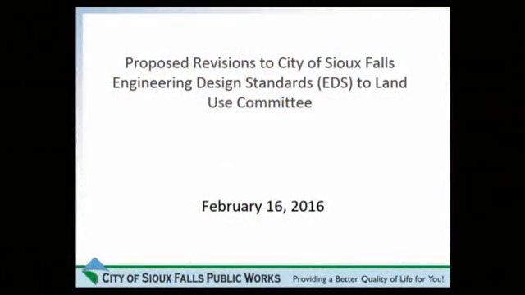These changes include revisions to sanitary sewer, water distribution, and stormwater design standards. These proposed revisions have been presented and endorsed by the Infrastructure Review Design Board in meetings held in November, December, and January. Our intentions are, with your support, to bring the proposed revisions to the full City Council in March or April for adoption by resolution.